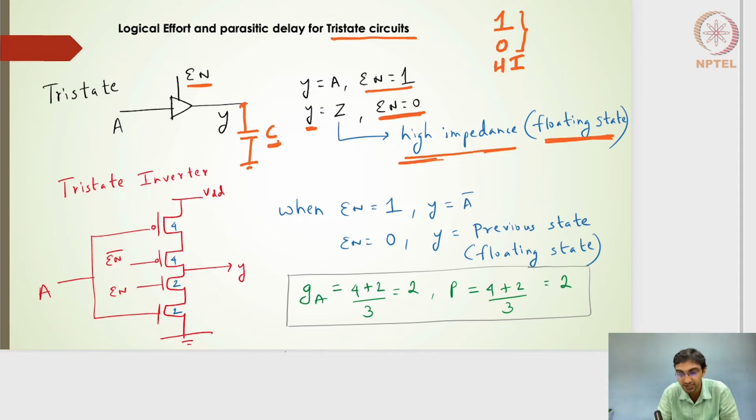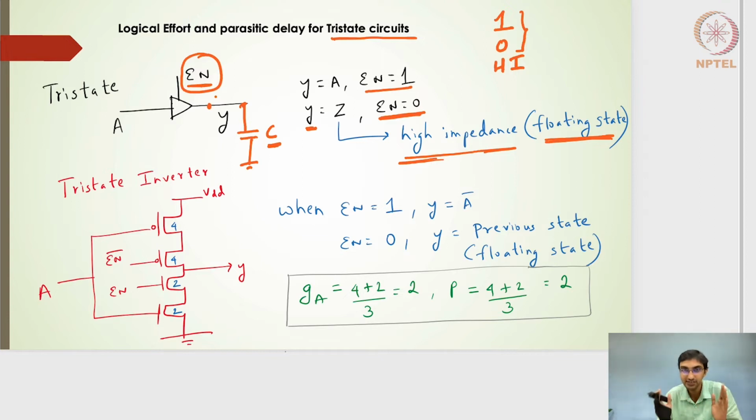That's why it is called the floating state, right? And the high impedance is coming because we don't have a connection at the enable side. So it's basically an open circuit. Y is not connected to the ground or to VDD, and that's why it has a very high impedance. The floating state is its appropriate definition.